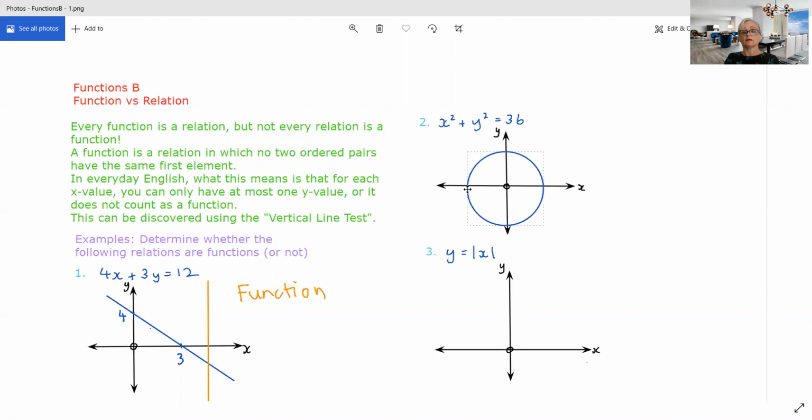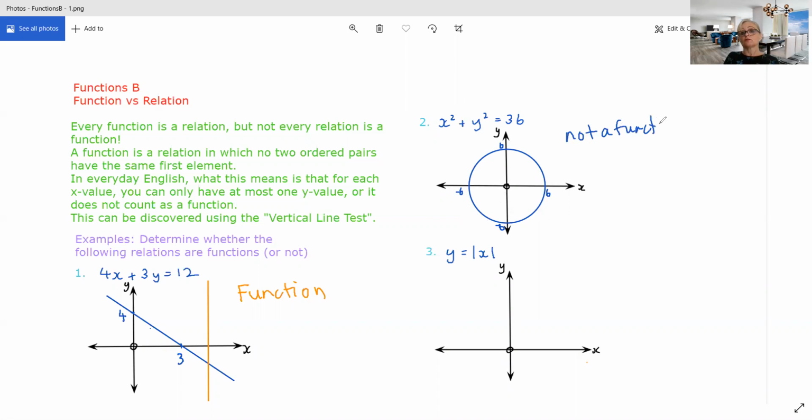Okay, now this will be 6, this will be -6, this will be 6, this will be -6. It's pretty obvious that for many x values, in fact, every x value except at -6 and +6, there will be more than one potential y value. So this will not be a function.